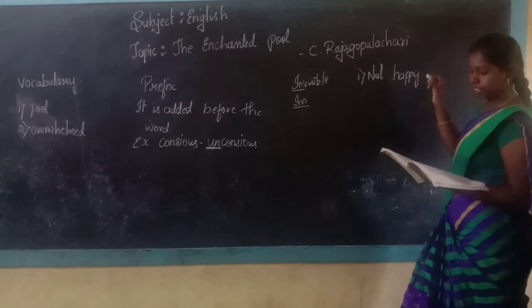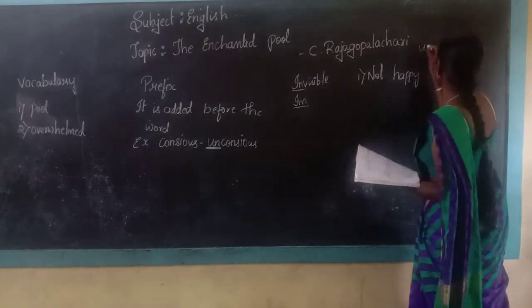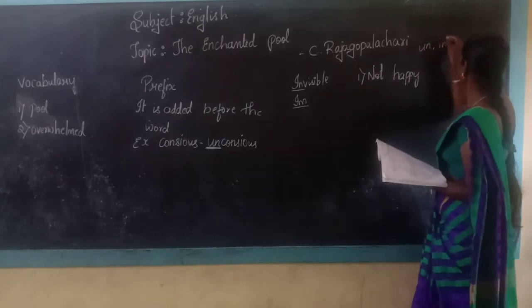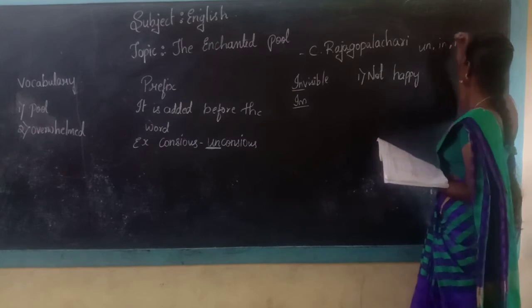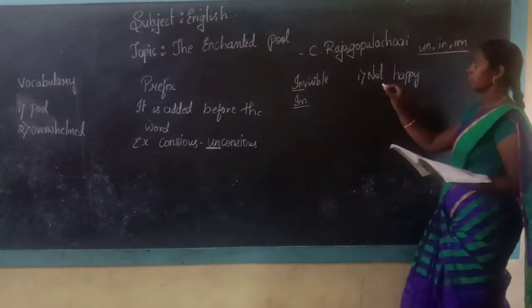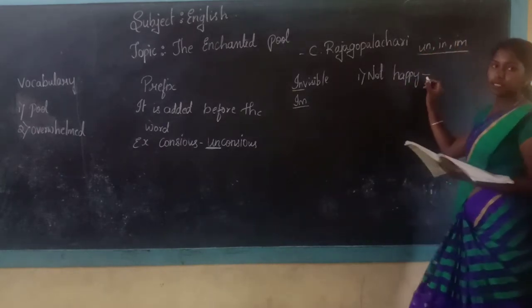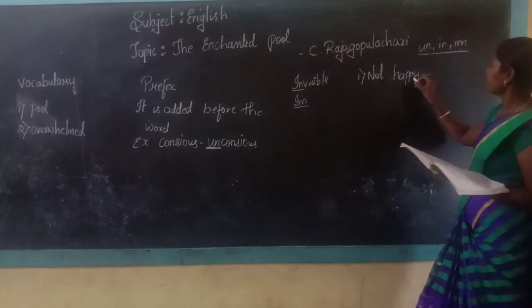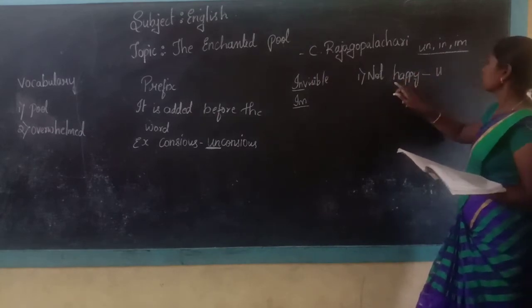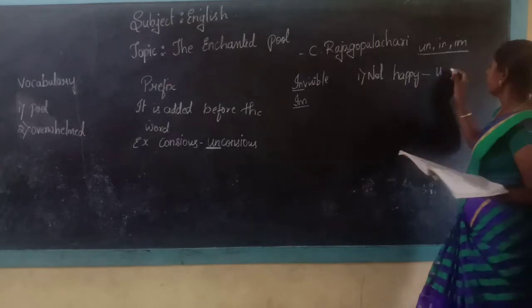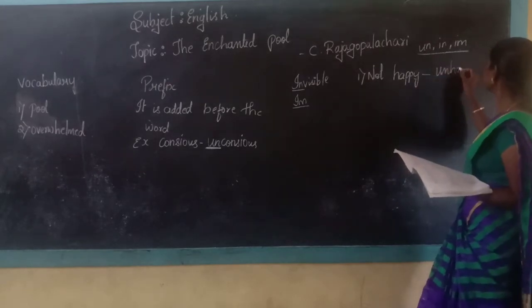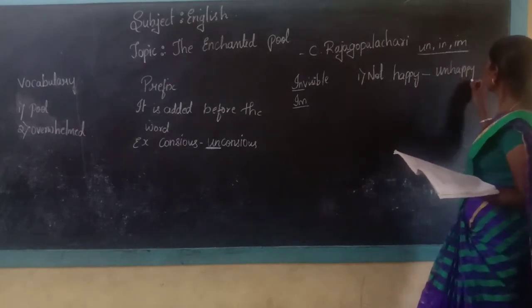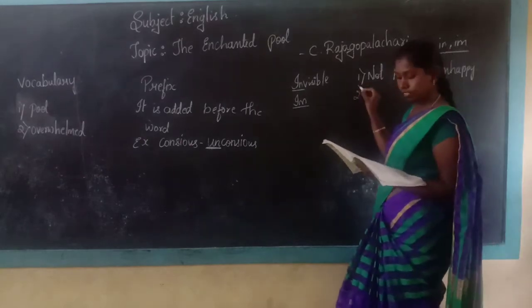The prefixes are given in the bracket: un, in and im. By using these three prefixes, we have to form one new word. See, not happy. So, what is the opposite word of happy? Unhappy. Okay.